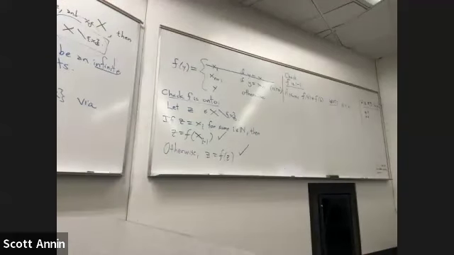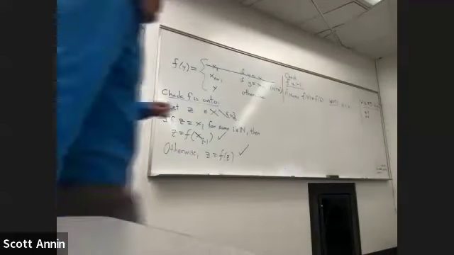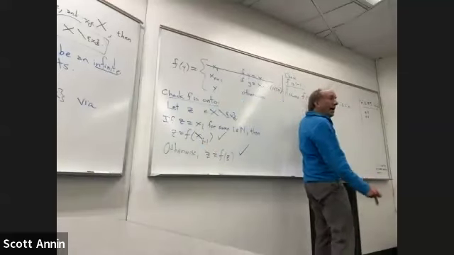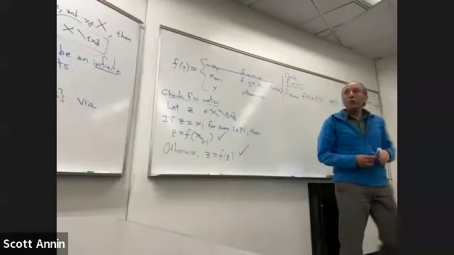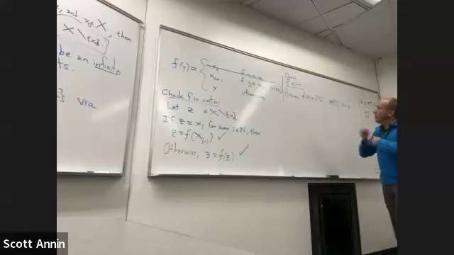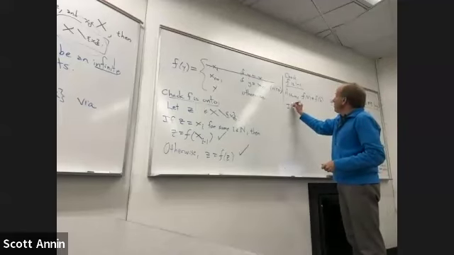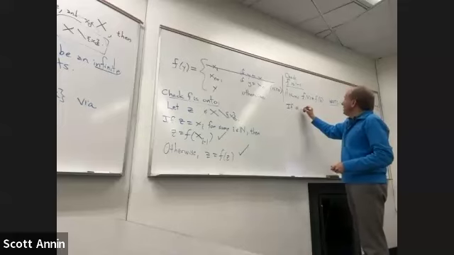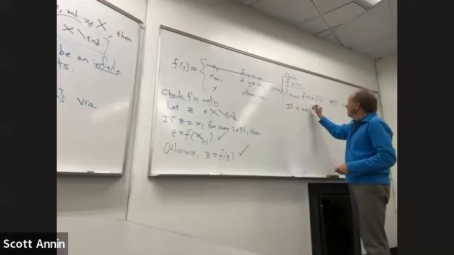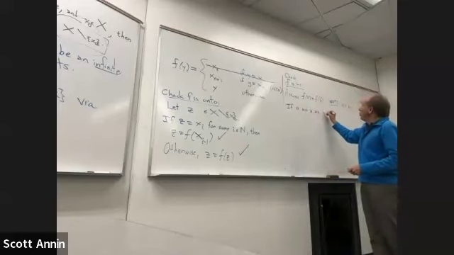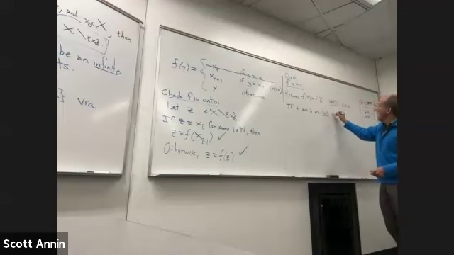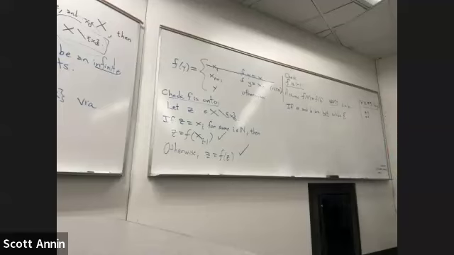Okay, but again here, we're going to have to do some cases depending on a and b, right? So the first thing is, so if a and b are both outside of the sequence, the sequence was what? The sequence was x naught, x1, x2, and dot, dot, dot.